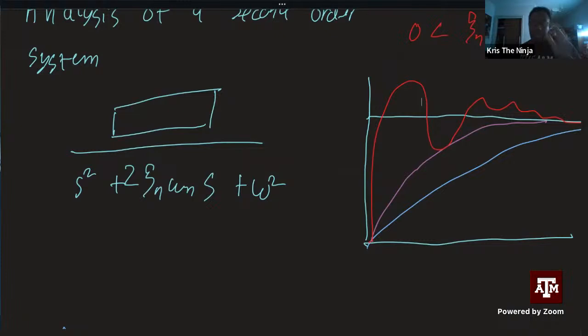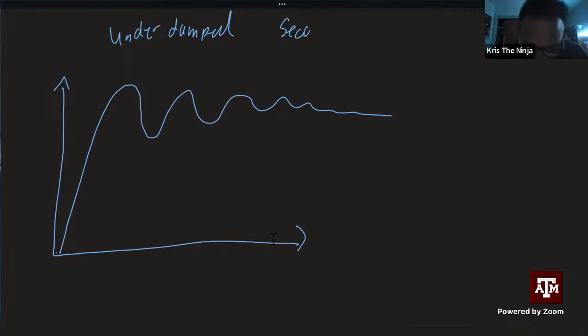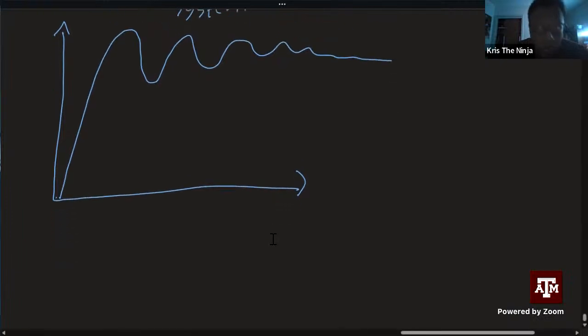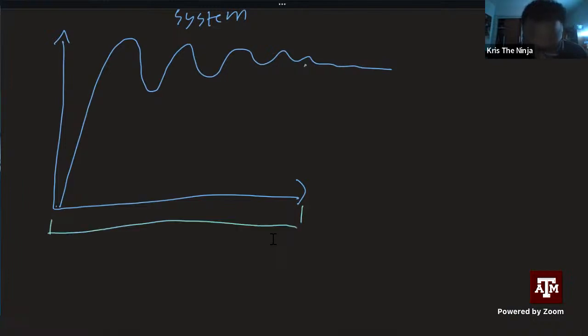So let's take a look at an underdamped second order system. You're gonna have a few parameters that you're trying to find. You want to find your settling time, TS.